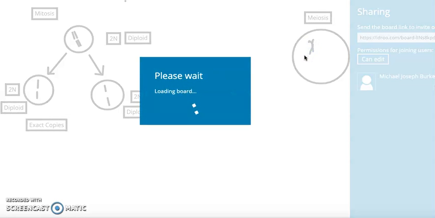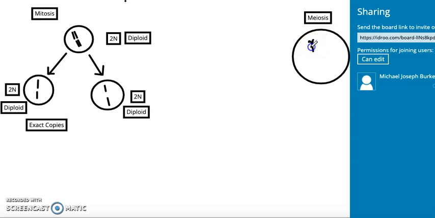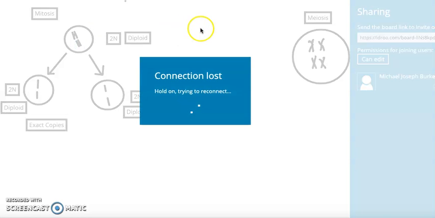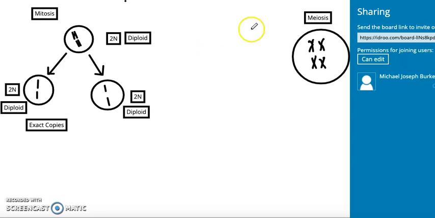Again, these are the X-shaped replicated chromosomes. Okay, and I was trying to draw those over here as well, so you can think of them as also being X-shaped over here in mitosis.